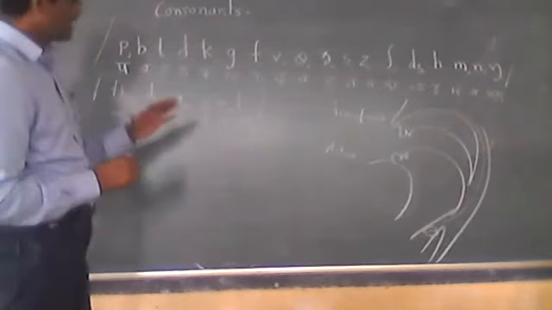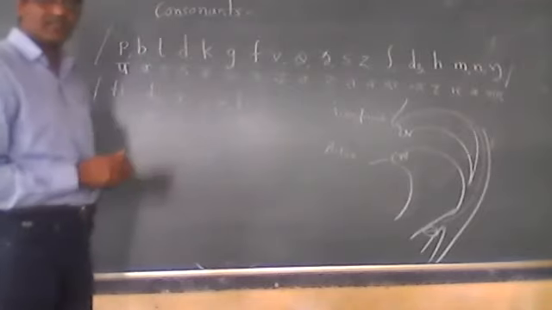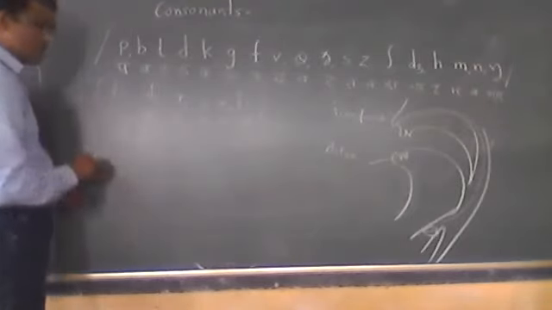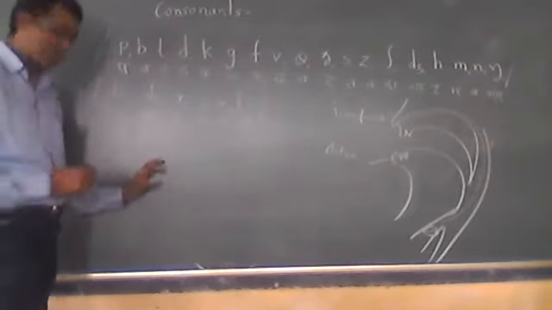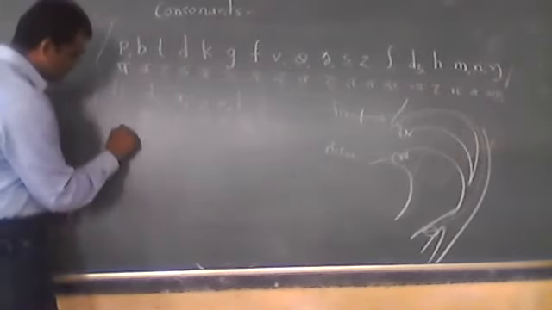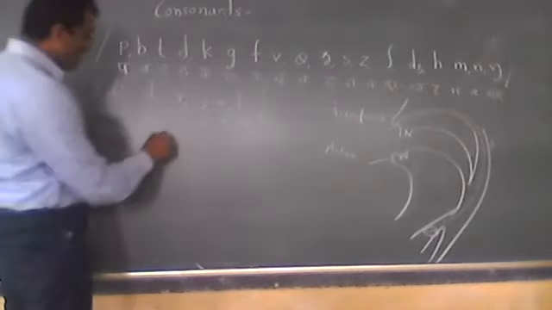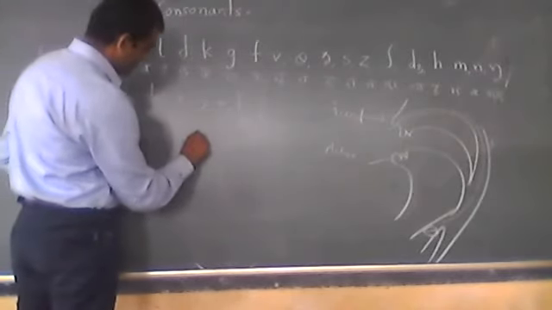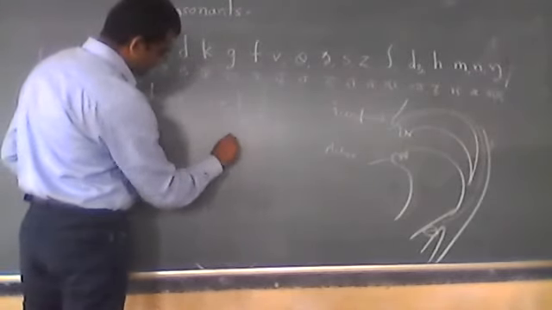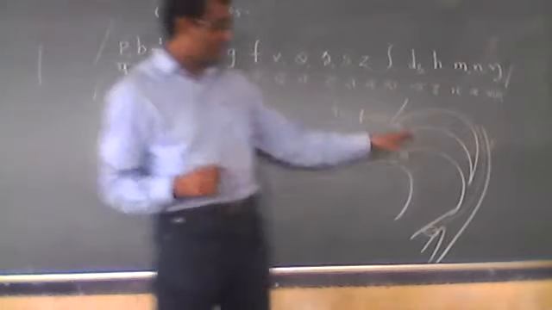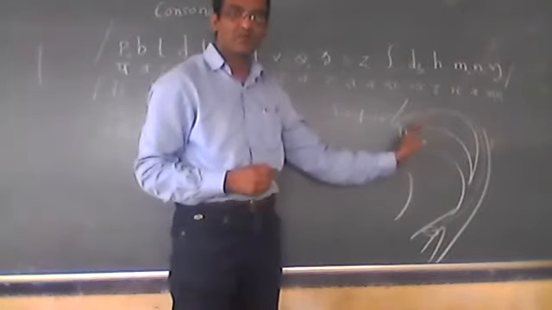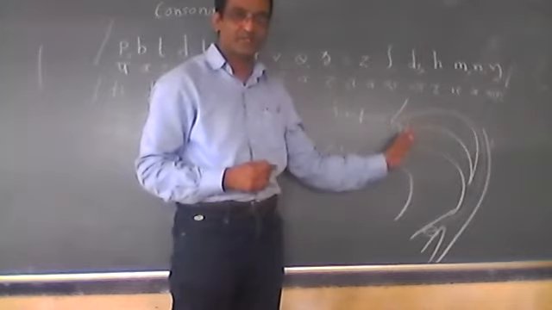So again, the point is relevant here: how to describe these consonants? For the production of the consonants, we have to think about the place of articulation, which means in what part of our speech organs the sound is produced.